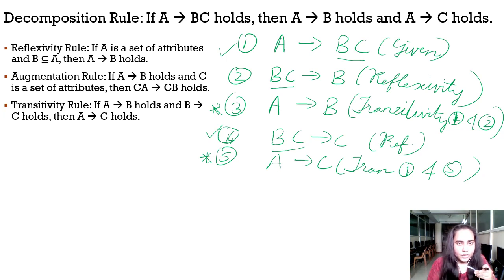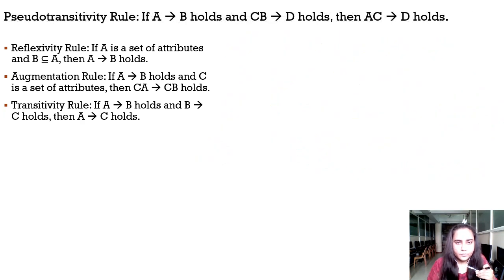Now let's go ahead and see the next one. So we are going to try to prove pseudotransitivity, and this is very simple to prove because it comes from transitivity and you don't really need to do much in order to prove this.